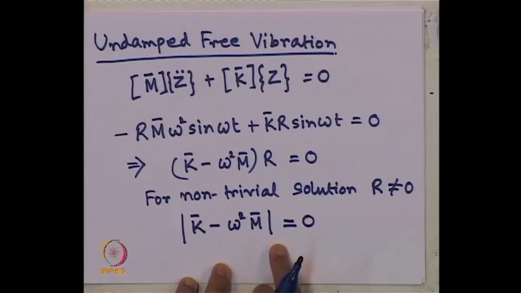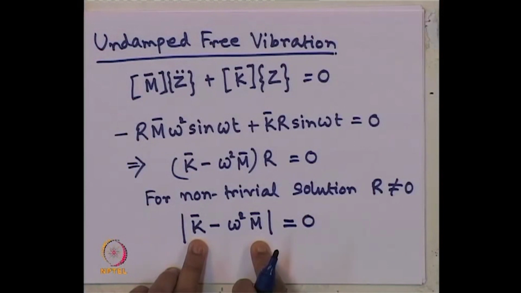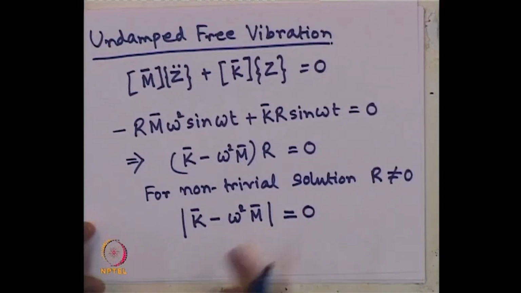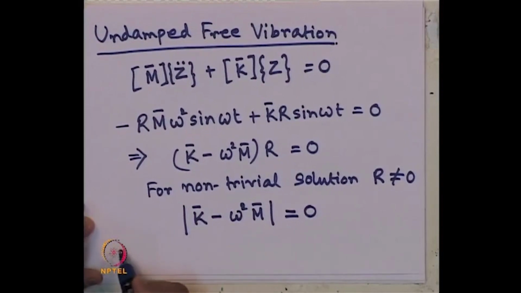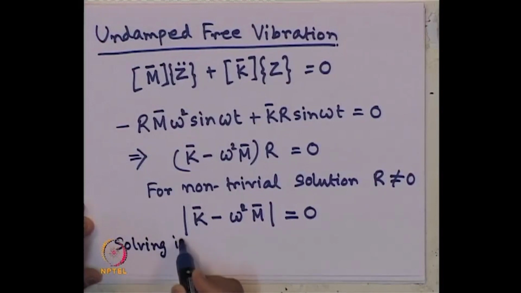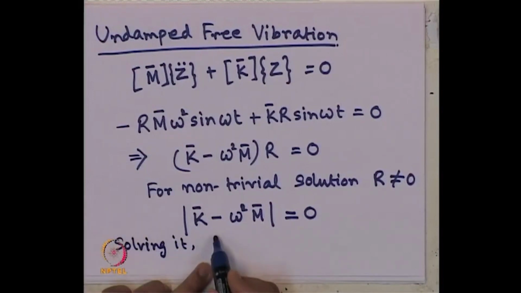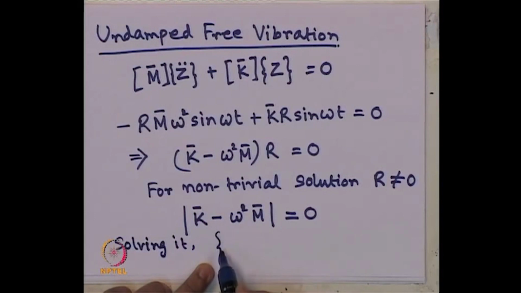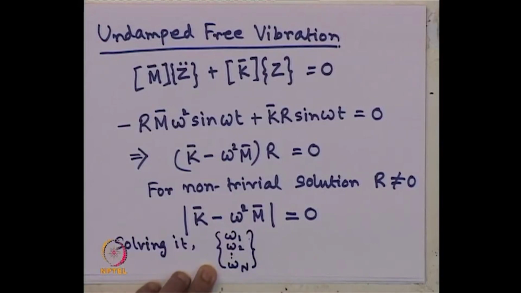Solving this, we will get the solution in terms of omega 1, omega 2 up to omega n for n degrees of freedom.